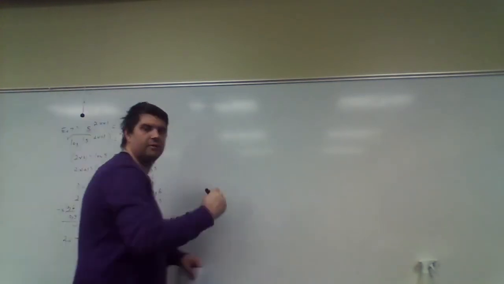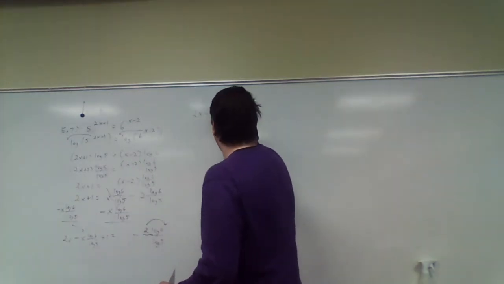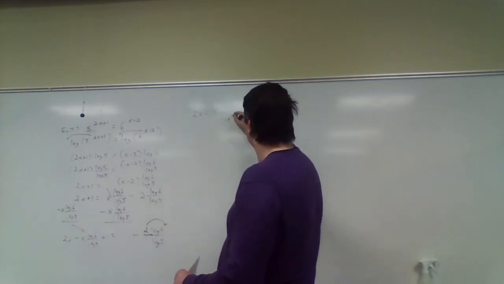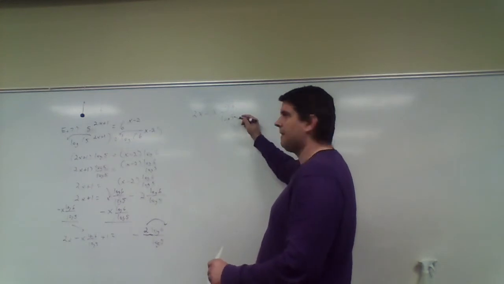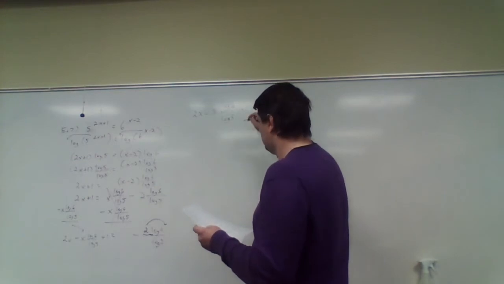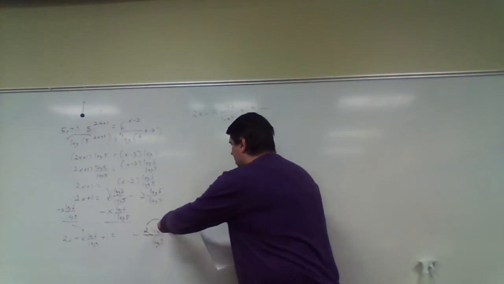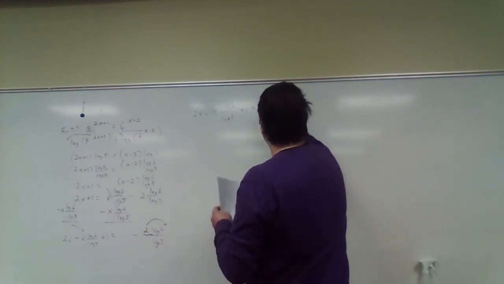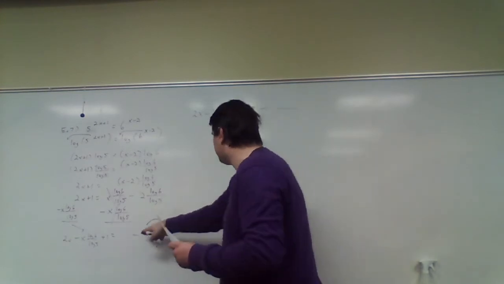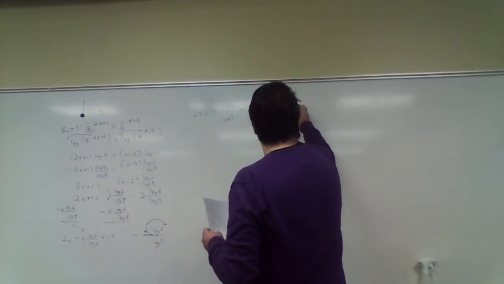So now you would have 2x minus x log 6 over log 5 equals negative, and that 2 went up in the exponent, so log of 6 squared over log of 5.